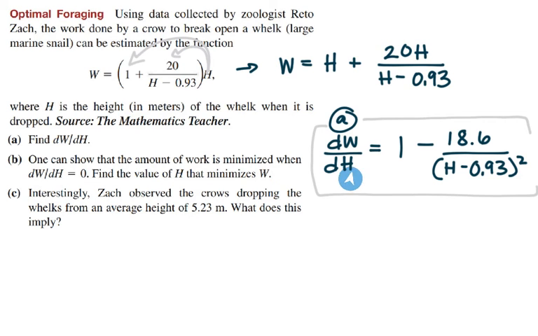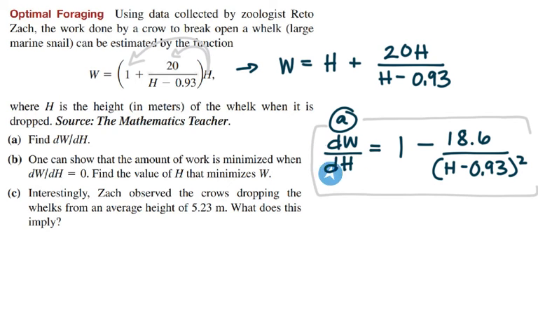So here's my derivative, which tells me the rate of change, how my work changes with respect to how far I fly up. By part B, one can show that work is minimized, and we talk about this a lot more later, but work is minimized when we set that derivative equal to 0. So we want to find the h value that minimizes w.